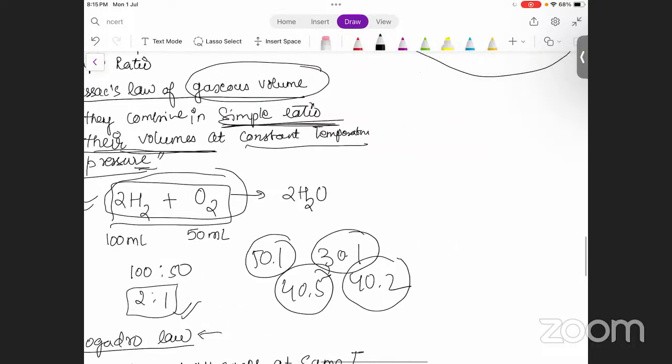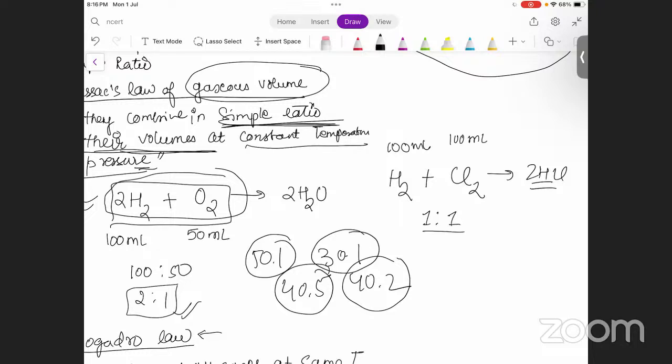Let's suppose I take H2 plus Cl2. So I'll get 2HCl, correct? In this case also, they are reacting in 1:1. So they might have done this reaction also, and they might have observed this. If I am taking 100 ml of hydrogen, then it is reacting with 100 ml of chlorine.